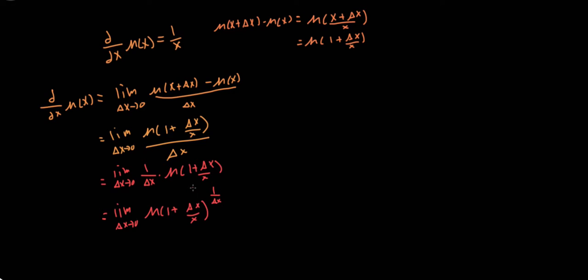Okay? So from here, let's do some substitution. Because right now if we try to evaluate the limit, we can't, because we're going to get 0 and we can't divide by 0. So let's do some substitution.